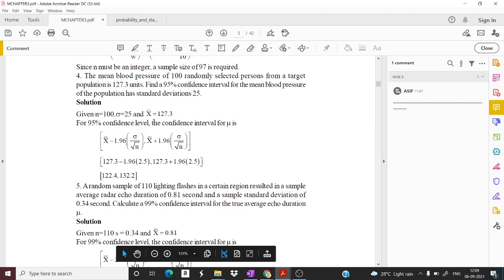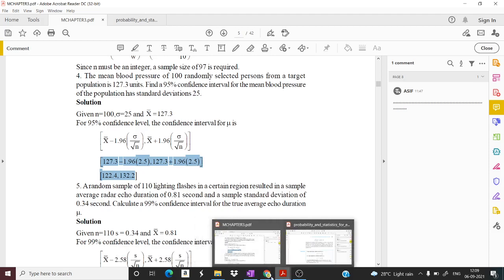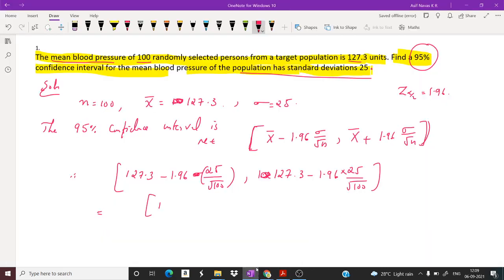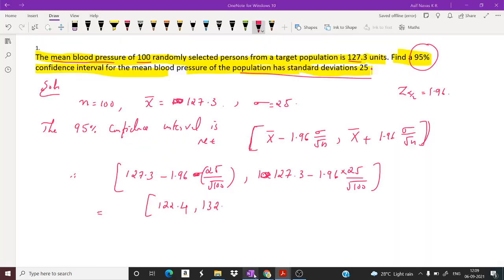If we calculate this, we will get the values 122.4 and 132.2.